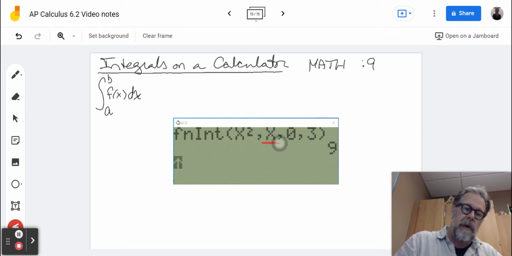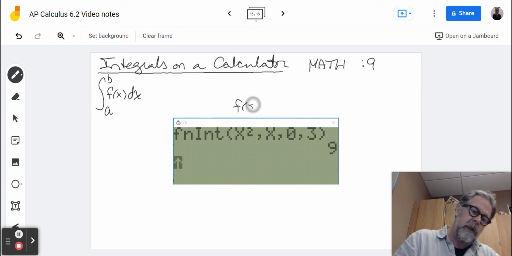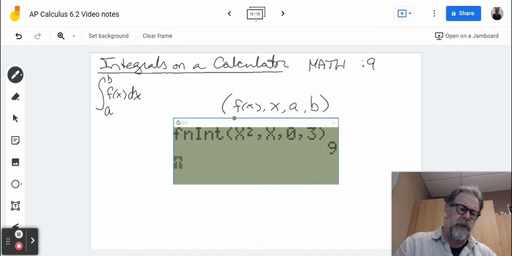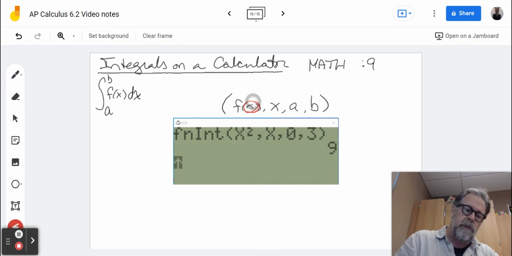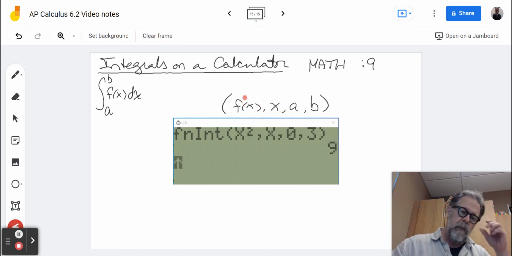You type your variable in right there. A and B. So this is f of x, comma, x, comma, A, comma, B. And for the purposes of using the TI, this will always be a function of x, and these two should always match.